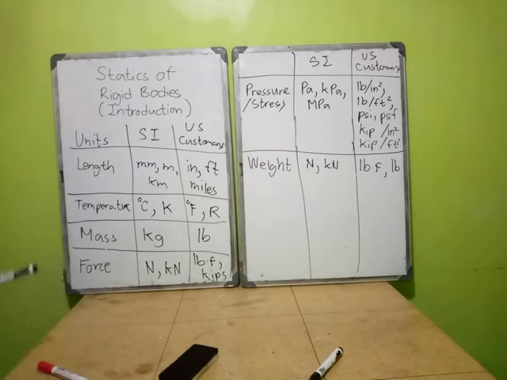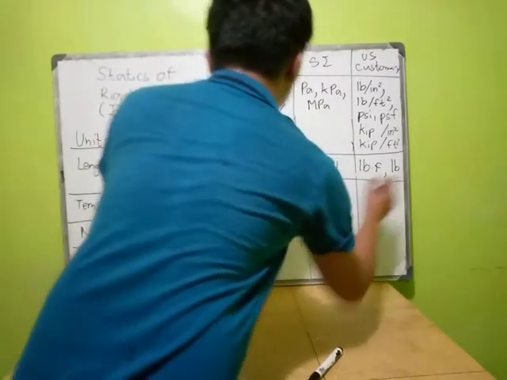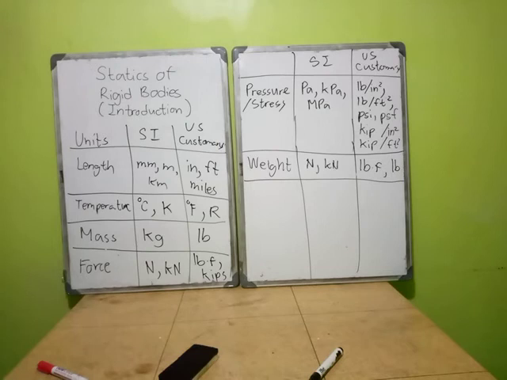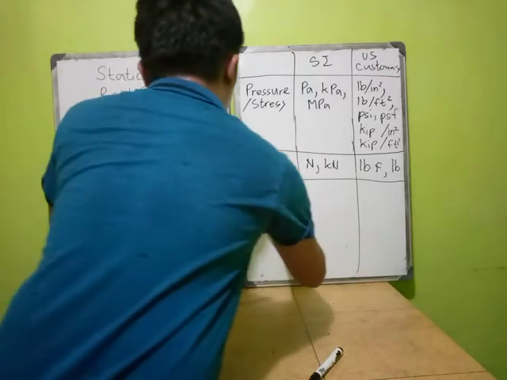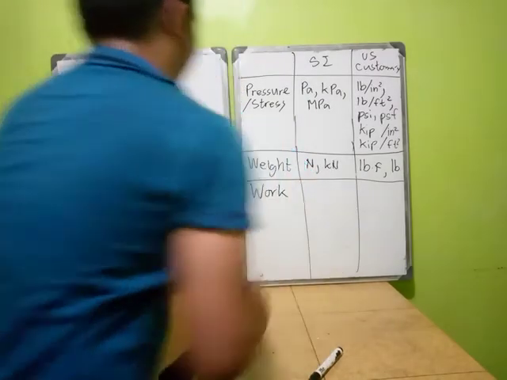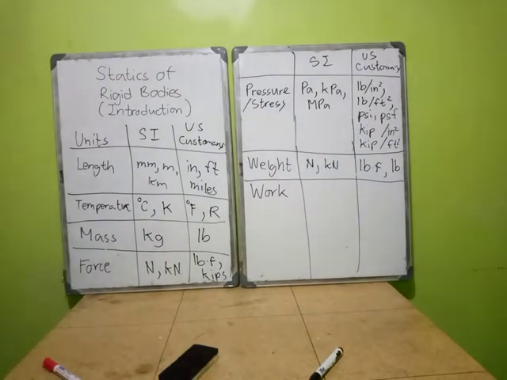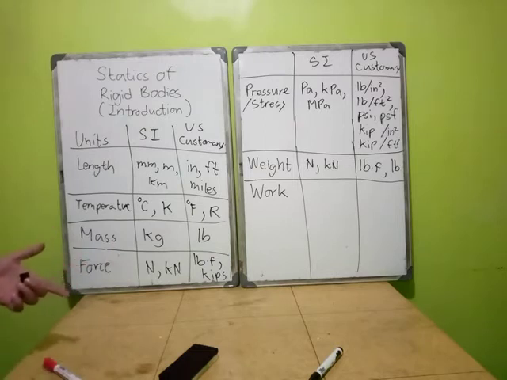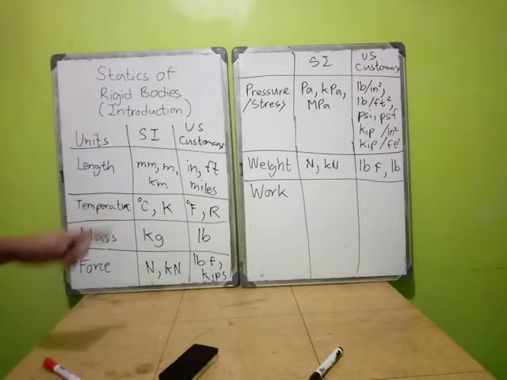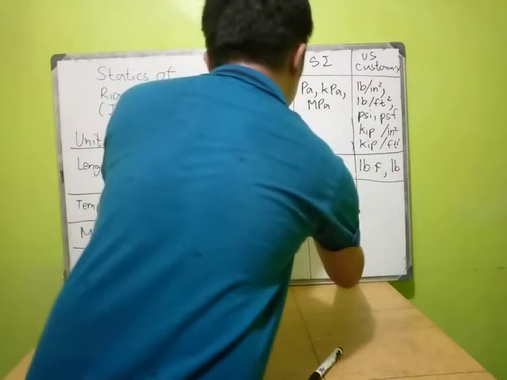So, here, we have another term. Okay? So, we have a term for, so ano pa ba? Pressure, stress, work. Okay, so work. Okay. So ano ba ang mga units na madalas ginagamit sa work? Kapag SI, yung madalas gamitin, I guess is, okay, joules.